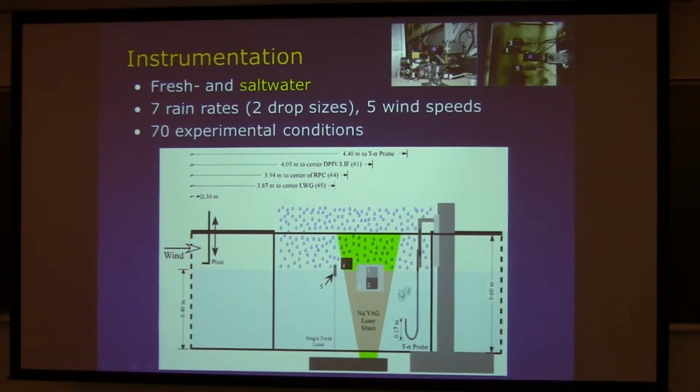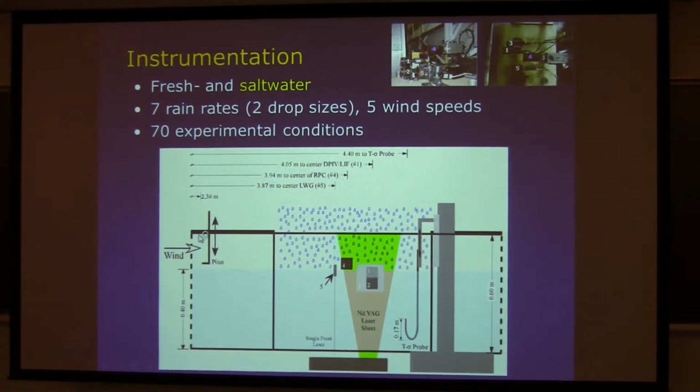Our rain imaging camera, and then downwind of that area, we had a temperature conductivity probe that was profiled once every 5 seconds to get 100 continuous profiles of density through a 10-minute experiment.